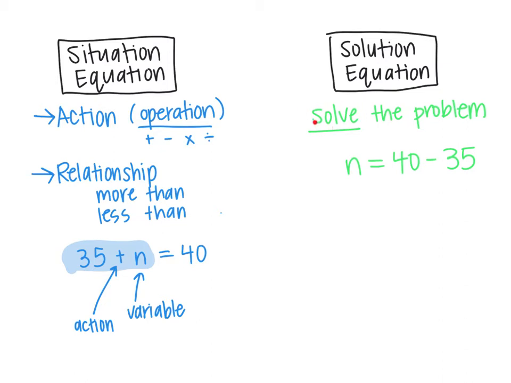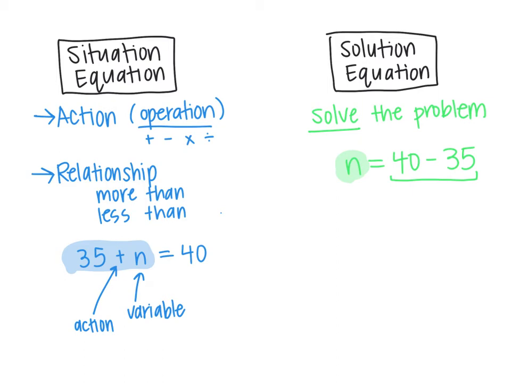We're trying to solve the problem. So when we look at the variable, it's over here right next to the equal sign because it helps us to think about what the equation is to solve for that missing number, that variable that we're trying to find.